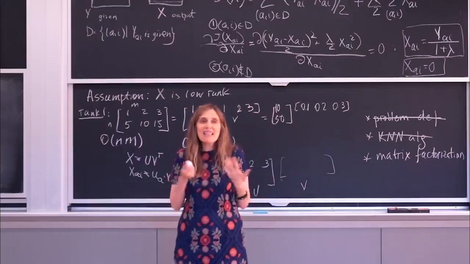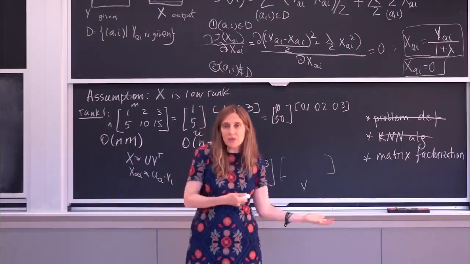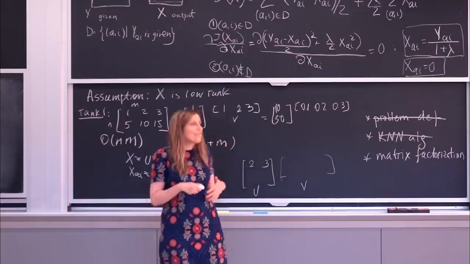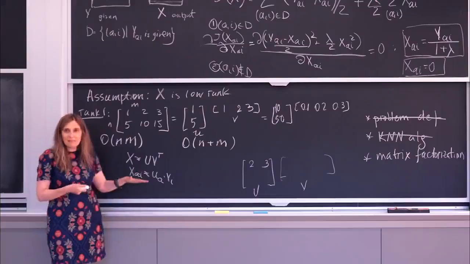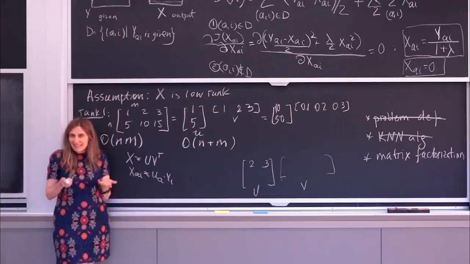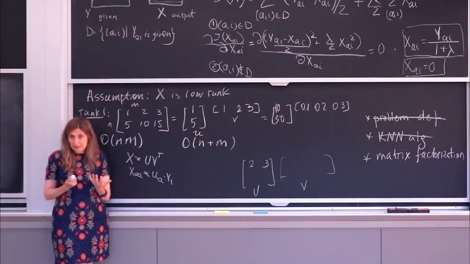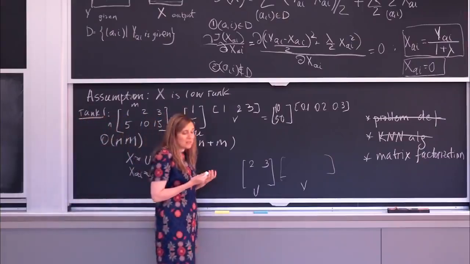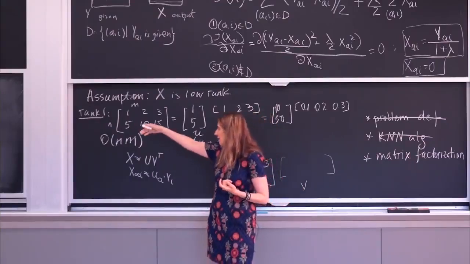The higher you make the rank, the more multifaceted a representation of the user and the movie you can have. And if we did a good job in estimating our X in the factorized form, we would actually be able to identify these different groupings. You can ask, how do we know what this k is?